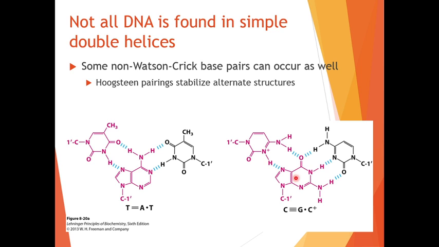As you can see here, this nitrogen is protonated in this case. One of the reasons why this nitrogen is protonated is because the pKa of this nitrogen is usually increased, and at physiological pH, this cytosine that is involved in the third hydrogen bond is protonated and hence can have a hydrogen on it to donate to a guanine.